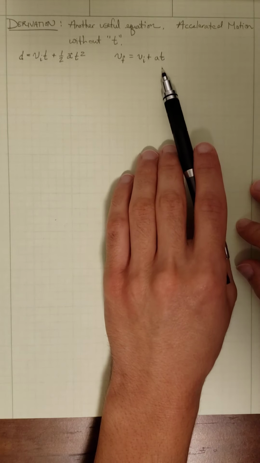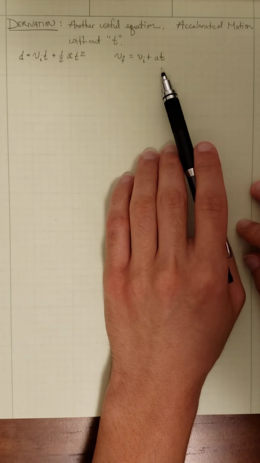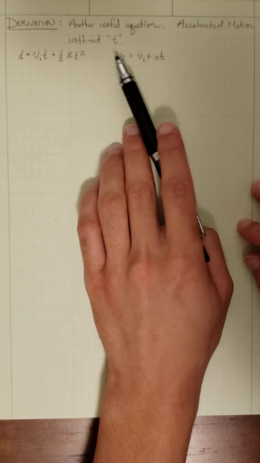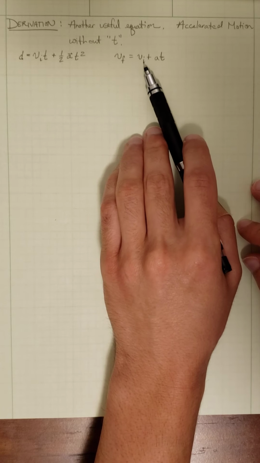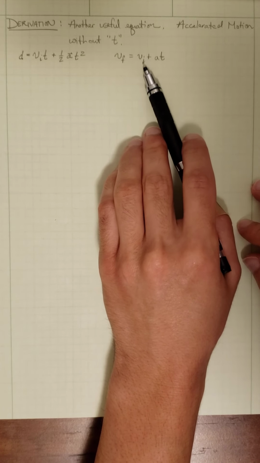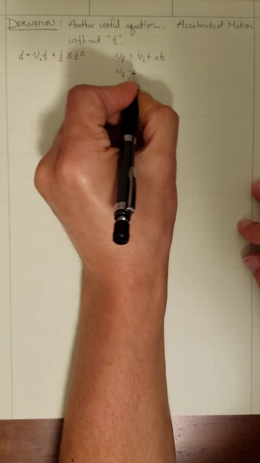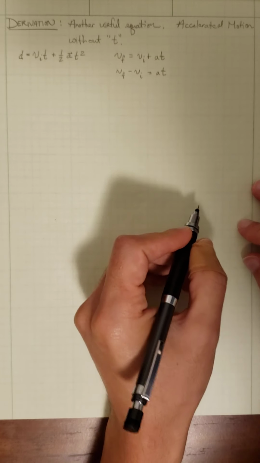We're going to start. Our interest is to solve this equation for t. To isolate t, we subtract vi, v initial, from both sides. And we get v final minus v initial equals acceleration times time.